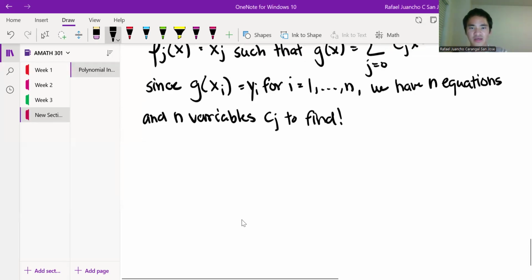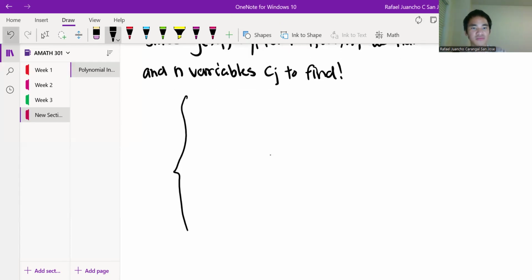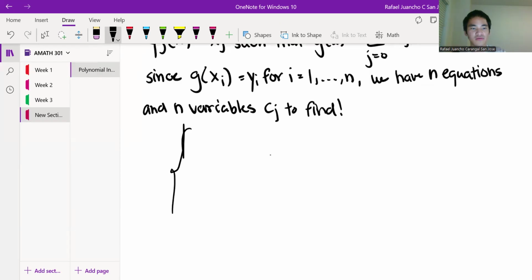So here's our n equations. It's basically a general system.